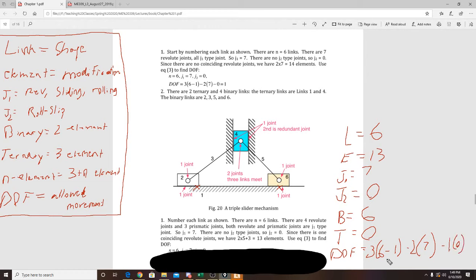Is that the correct one? I think that's the equation. So it's 3 times our number of links minus 1, minus 2 times our number of J1s, which is here. And then 1 times our number of J2s, which is 0. Which gets you your total of 1 degree of freedom.